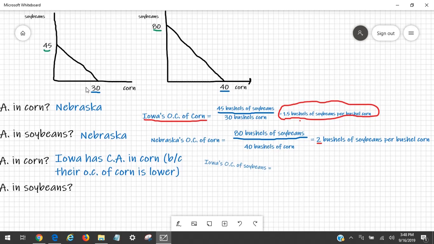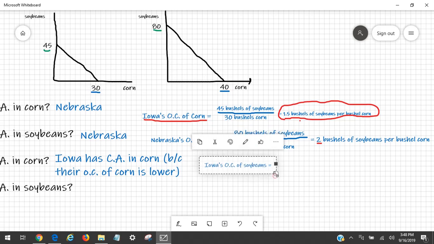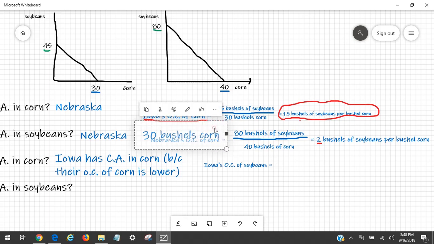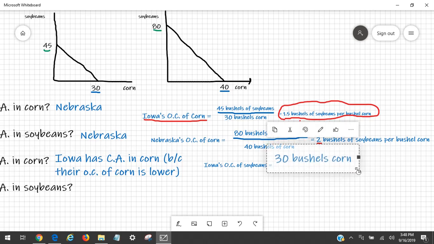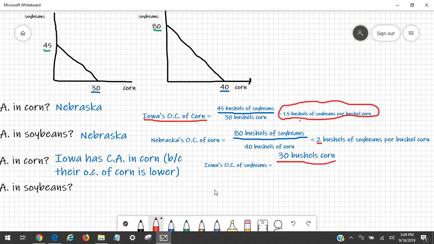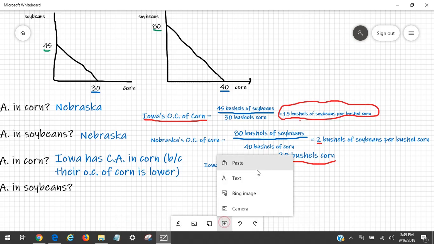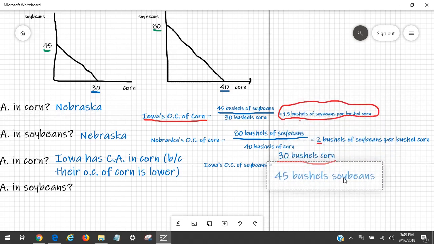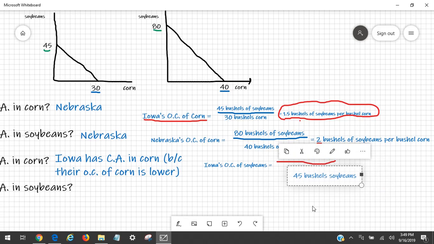Looking at the endpoint, they give up 30 bushels of corn to gain 45 bushels of soybeans, so 30 bushels of corn per 45 bushels of soybeans. 30 divided by 45 comes out to 0.67.